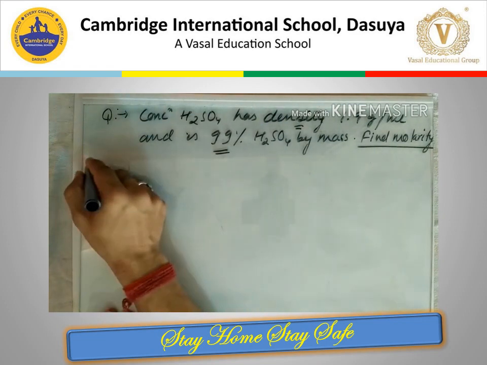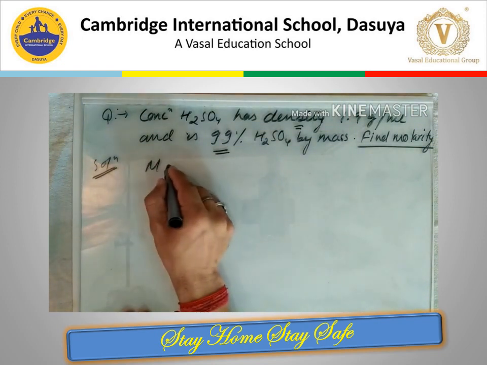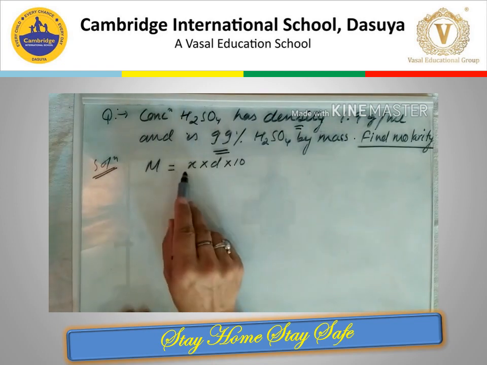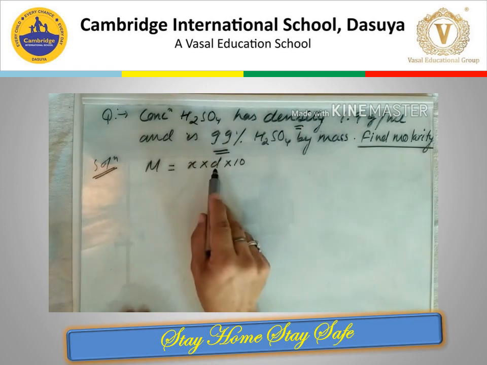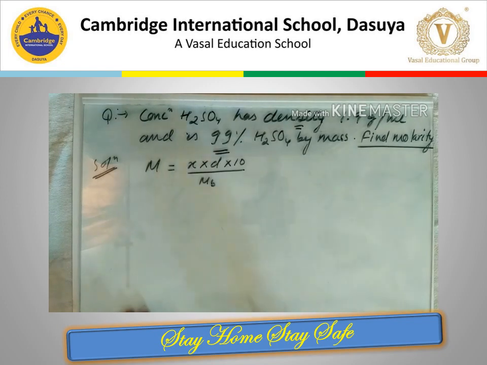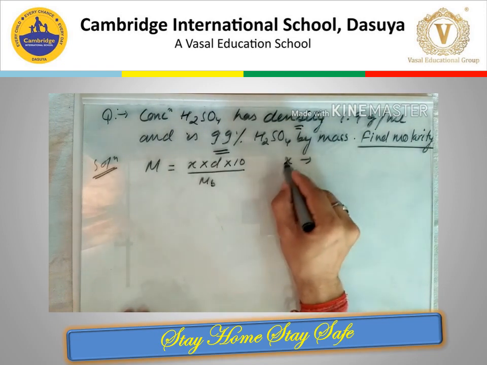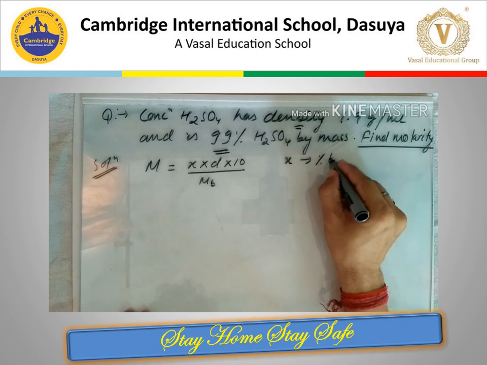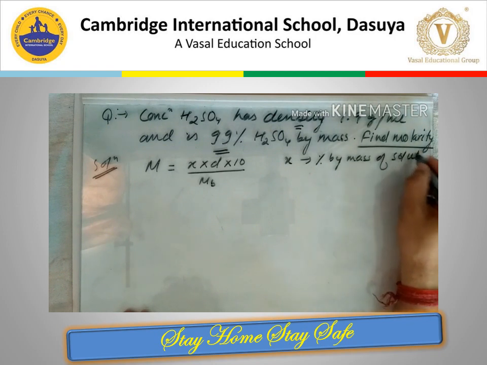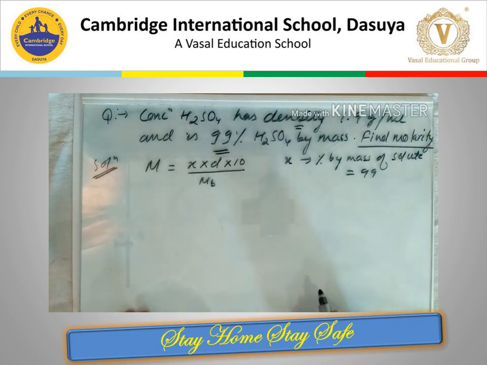Since we know that molarity equals x into d into 10 upon the molar mass of the solute, where x is the percent by mass of solute, and this is equal to 99%.